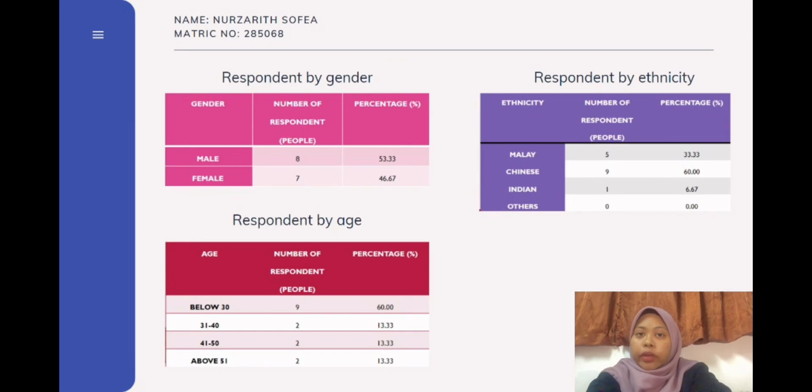Lastly, respondents by age contain below 30, 31 until 40, 41 until 50, and above 51. Based on the survey of 15 customers, the highest percentage of age is below 30, which is 60%, equivalent to 9 respondents, while the percentage of 31 until 40, 41 until 50, and above 51 is the same, which is 13.33%, equivalent to 2 respondents.